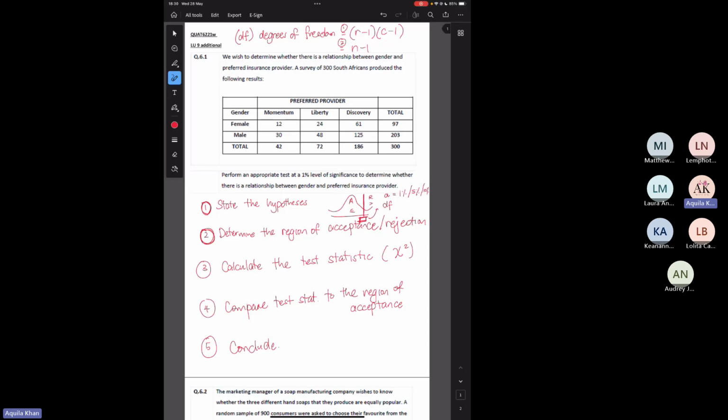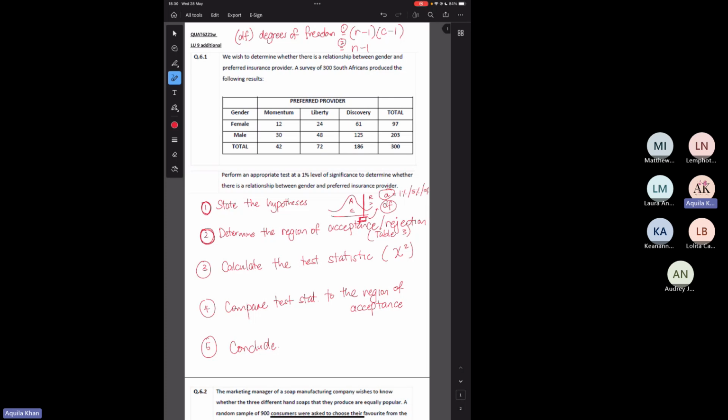Now, once you have that value of A and your degrees of freedom, you're going to go to table 3 of your appendix, which I will show you just now. This table 3 is your chi-squared table. It's basically showing you all of your respective factors for a chi-squared distribution.